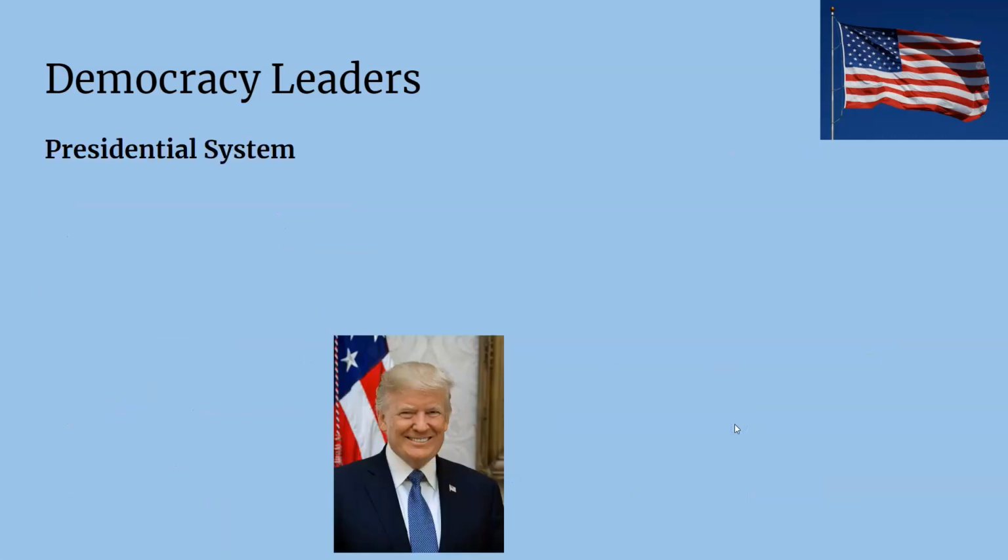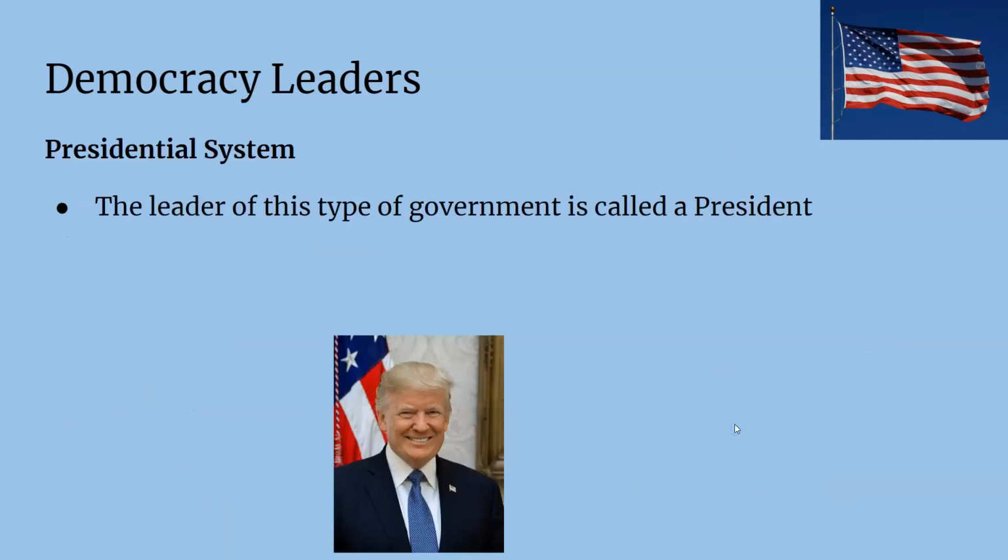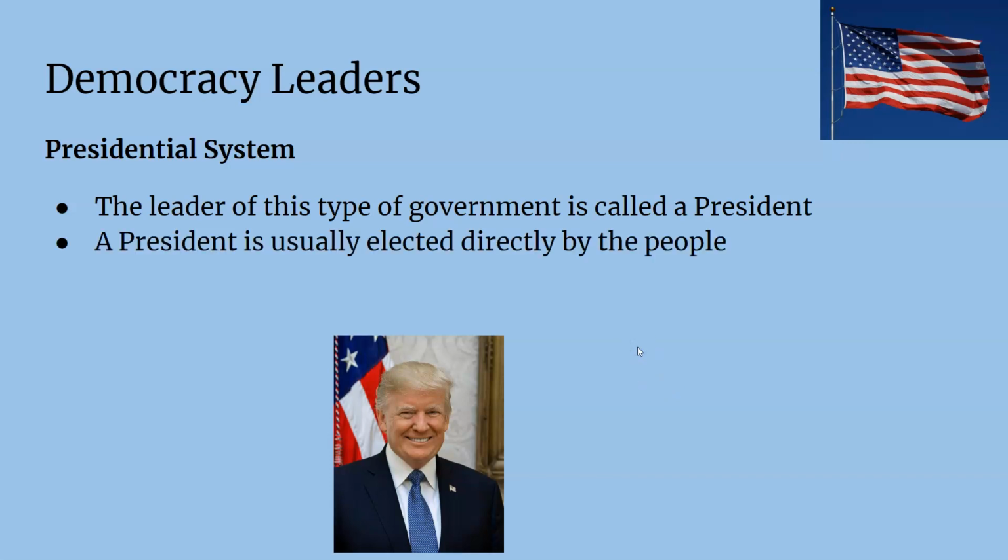And then we have a presidential system, which is what we have in the United States. The leader of this type of government is called a president, and it's usually elected directly by the people. So you literally go to the voting booth and you elect this person. You're not trusting your senator or your representative to vote this guy or woman in.